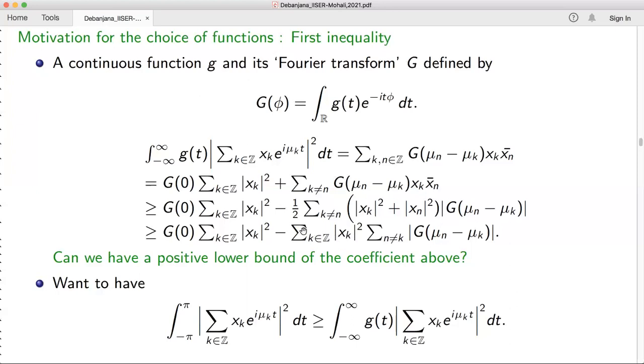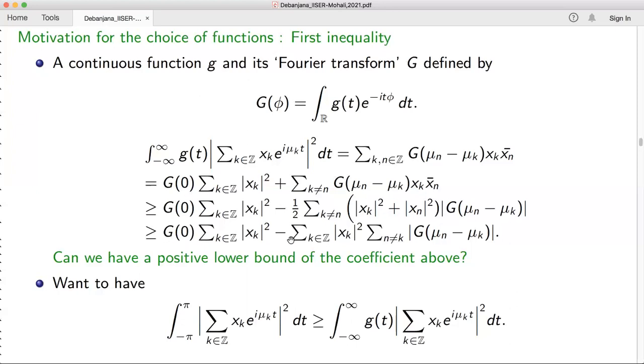The second term will look like this: the summation outside over k of modulus xk square, and then the summation over n, with n not equal to k, of capital G evaluated at mu n minus mu k. Ultimately, we are claiming that capital G is an even function and has some nice property.